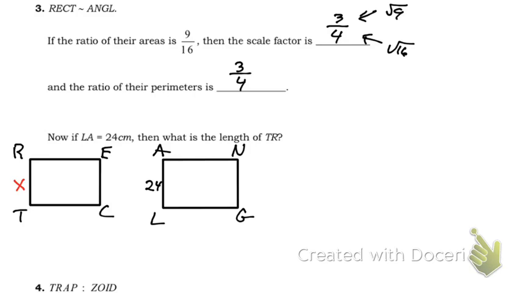So that means this is my top, this is my bottom of my fractions, right? All right, so we're going to have X over 24 equal to 3 over 4, which is then going to give me 4X equals 72.